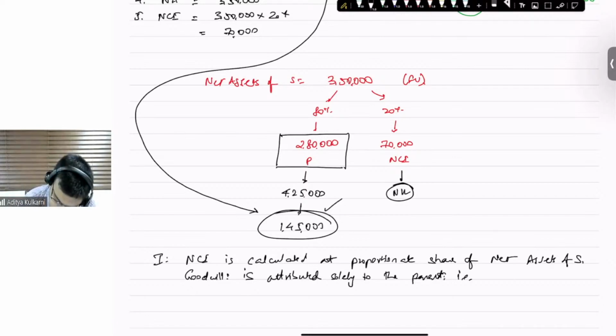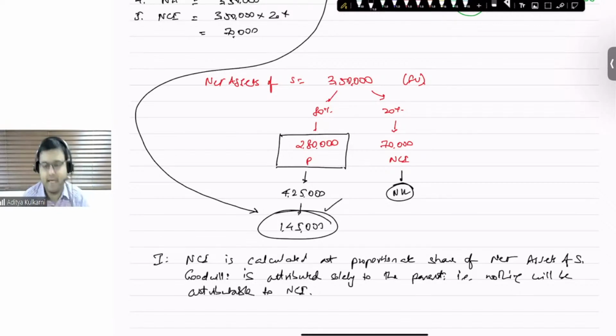That is, nothing will be attributable to NCI. And this is always going to be true.